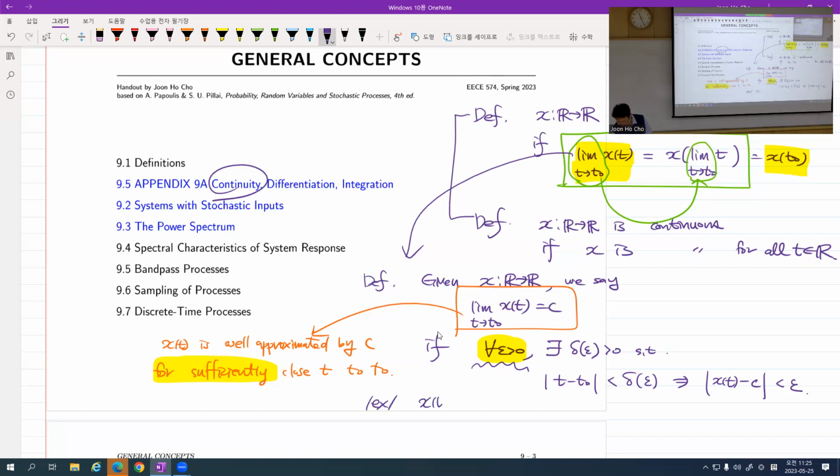Suppose x of t equals 1 over t. Of course, t equals 0, 0 is not in the domain. But even though 0 is not in the domain, you still consider this, right? And what about that limit? It does not exist, right?